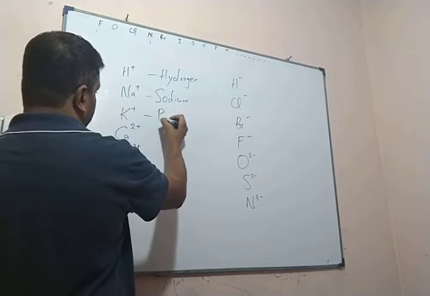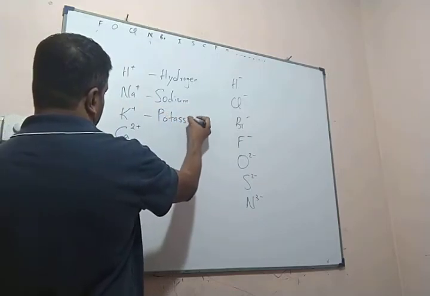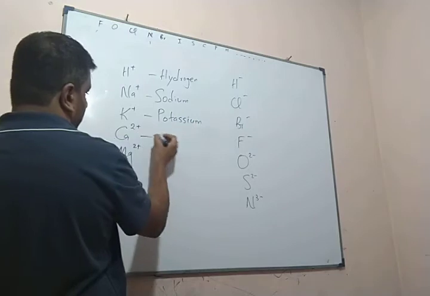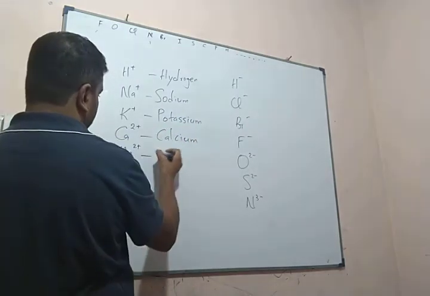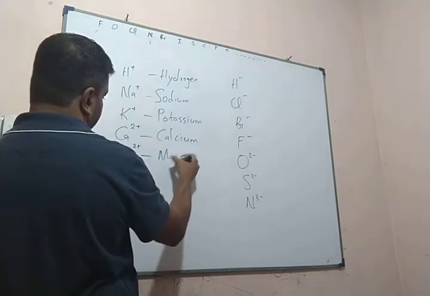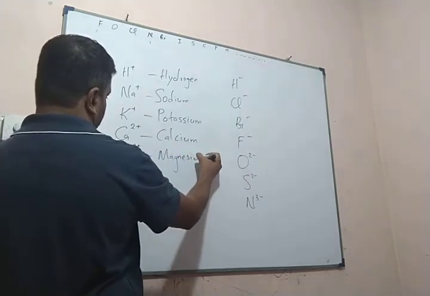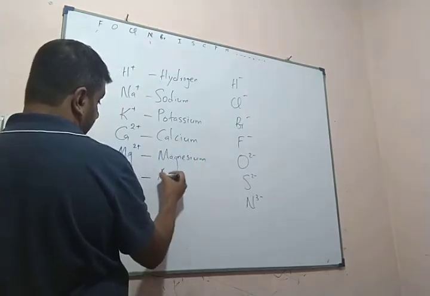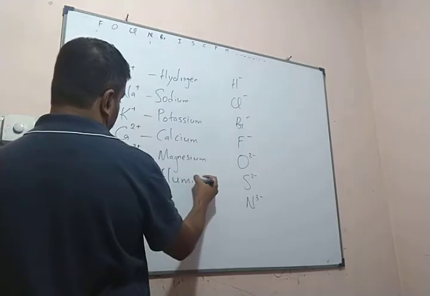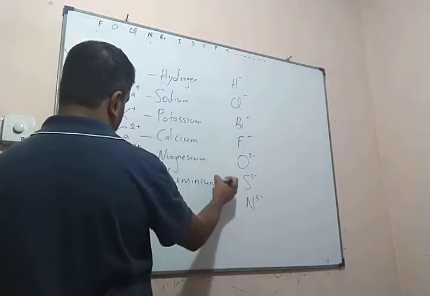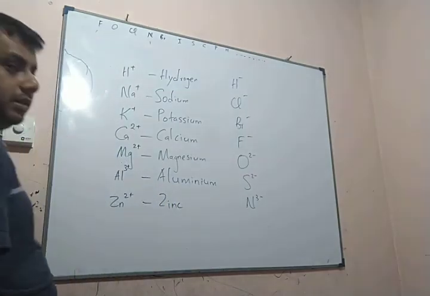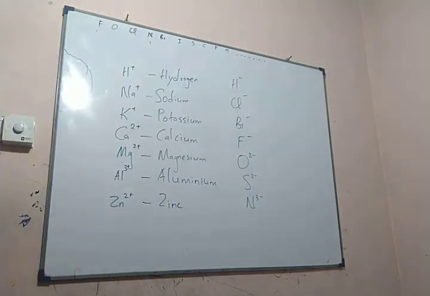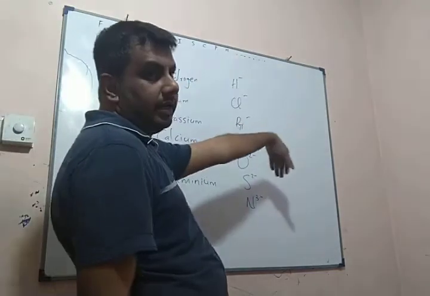Potassium. What's this? Calcium, magnesium, aluminium, zinc, right? And here are some anions.